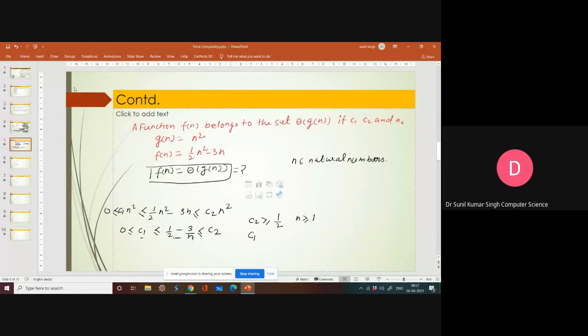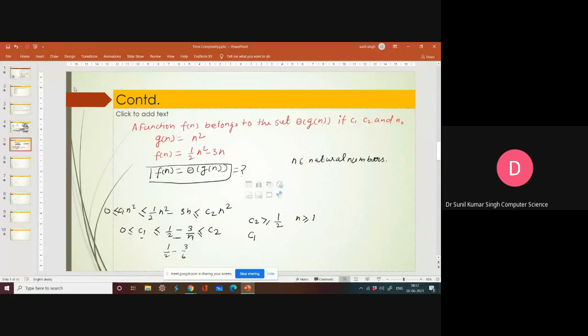Now, if we take n equal to 6, then 1 by 2 minus 3 by 6 is going to be 0. But here C1 must be a positive constant. So we can increase the value of n further.